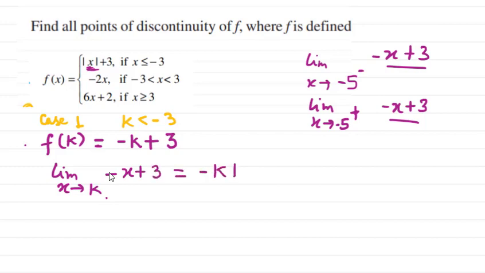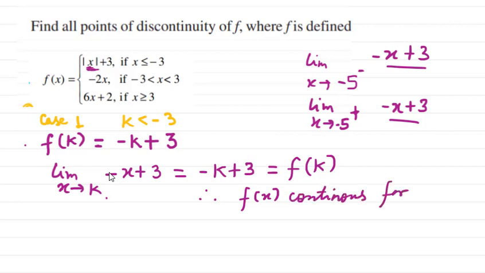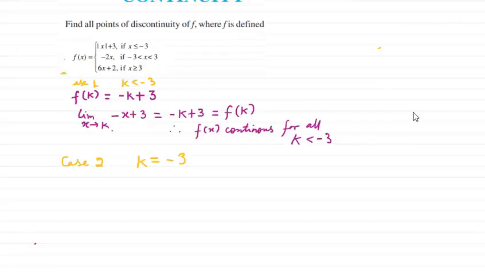Minus k plus 3, and this is equal to f(k). So you will say that this function will be continuous, therefore f(x) is continuous for all k which are less than minus 3.